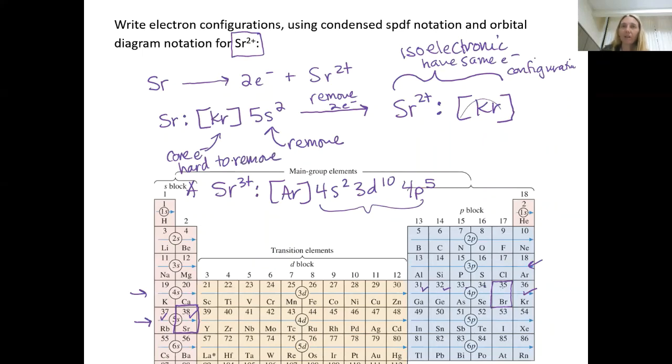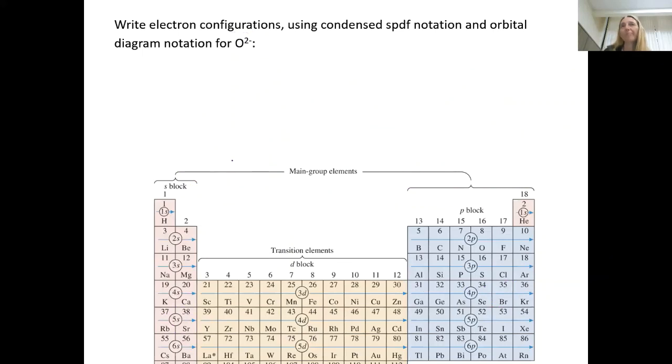Okay, I think I have another example for you guys. Oxygen 2-, right? So oxygen plus 2 electrons goes to oxygen 2-, right? So if I look here, we've got oxygen right here.